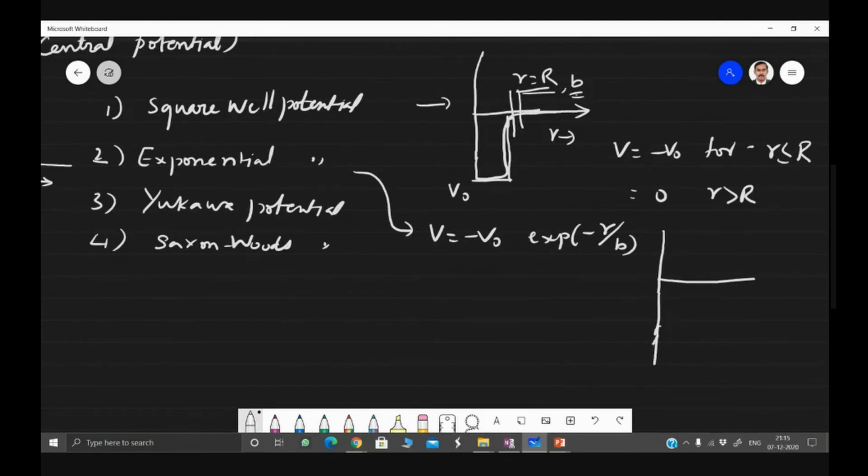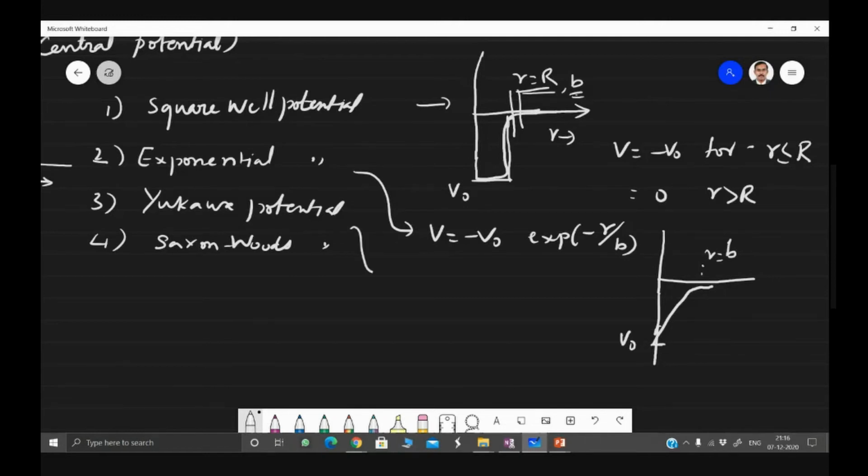It will be behaving something like this. I'm not drawing to scale. So this is given by the strength V naught. So this is somewhere where r has the value of b.